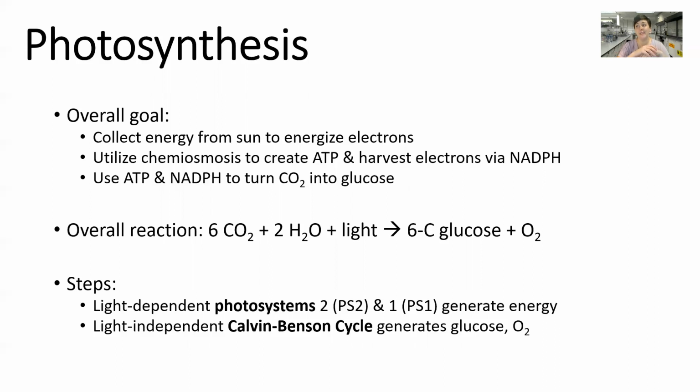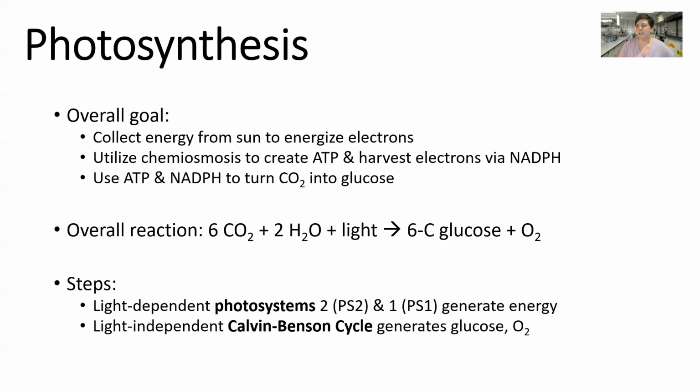Then we use that ATP as well as the electrons we carry to build bonds between 6 carbon dioxide molecules. We release the oxygen off those carbons and build bonds between those carbons, eventually creating a 6-carbon compound, glucose.